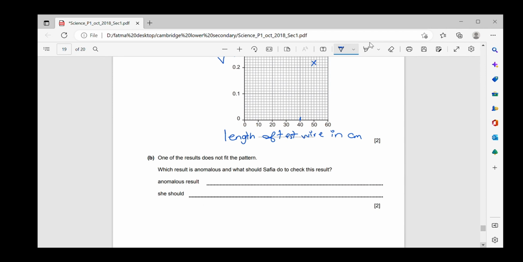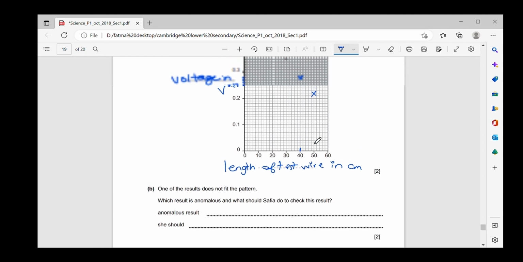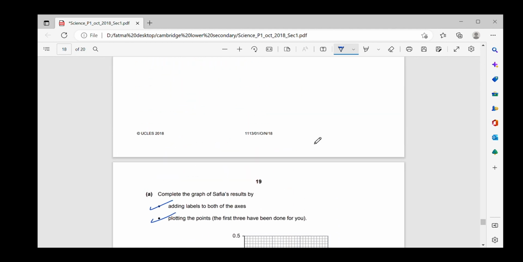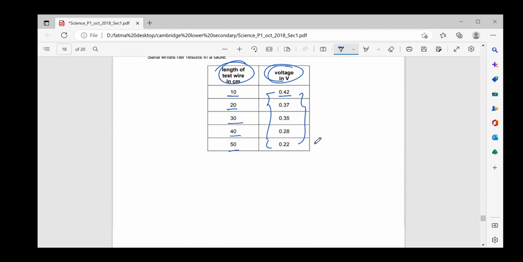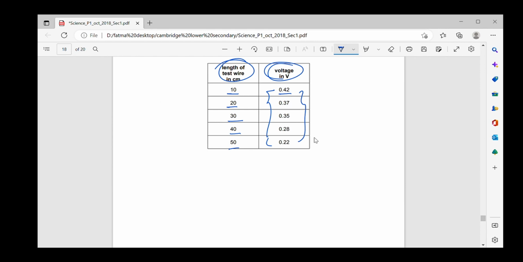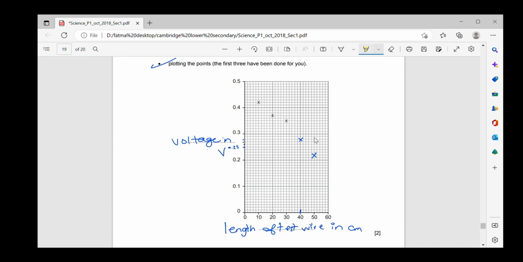One of the results does not fit the pattern. Which result is anomalous, and what should Sophia do to check this result? There is an odd result here. If we check the table, we will find that we have 0.42, then 0.37, 0.35, 0.25, 0.22. So which result is odd here?